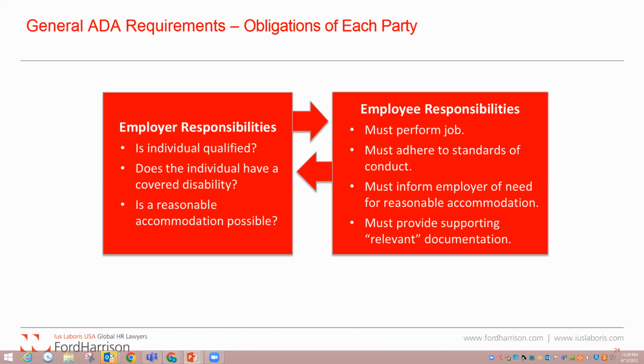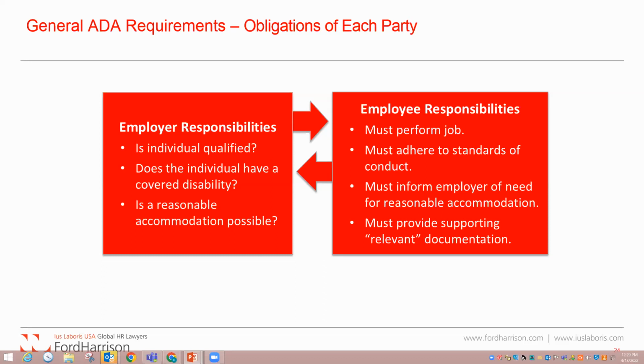Also determining whether they have a disability is sometimes tricky. I have a case right now where an individual is claiming to have a disability due to a particular medical condition that restricts her from driving, yet we see that she's driving every single day all over. So that's going to be a tricky one. And then determining if a reasonable accommodation is possible.